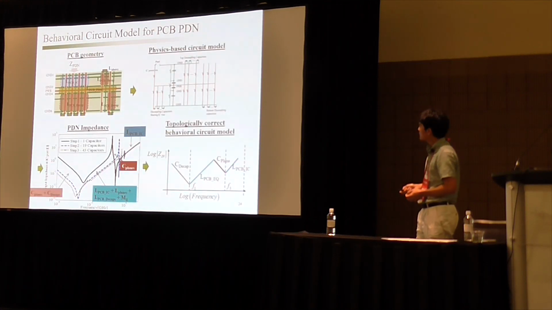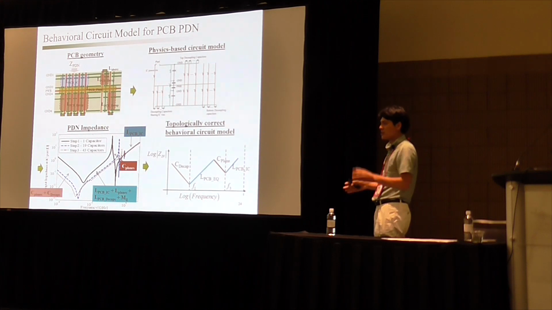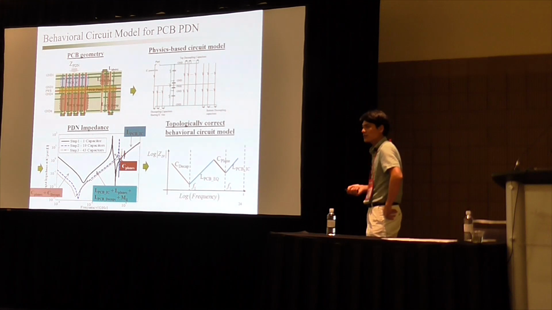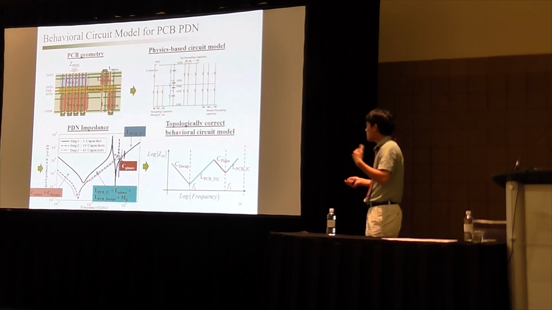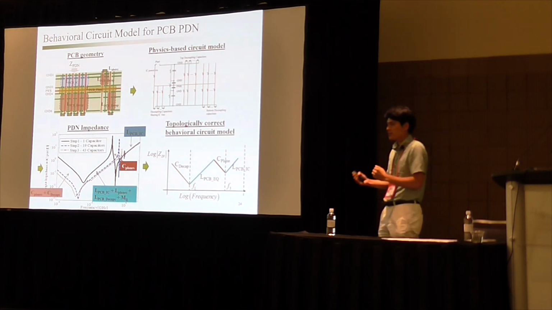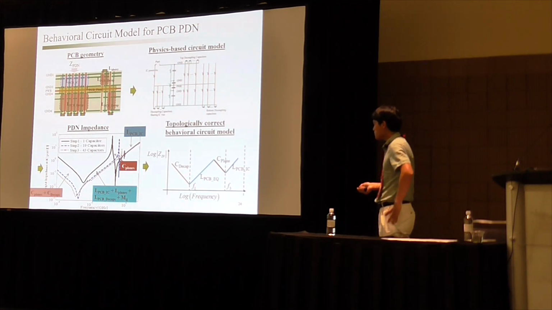So we can build a physics-based model to model all this geometry. But at the end of the day, what we can see from this complicated circuit is actually very simple, right? So this is not a physical model. We say it's a topologically correct behavioral model, because it just mimics the behavior, not the physics. But we can connect this to the basic understanding.